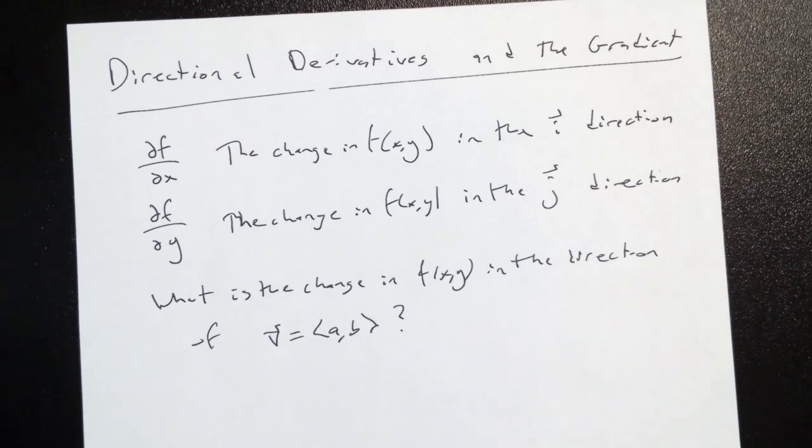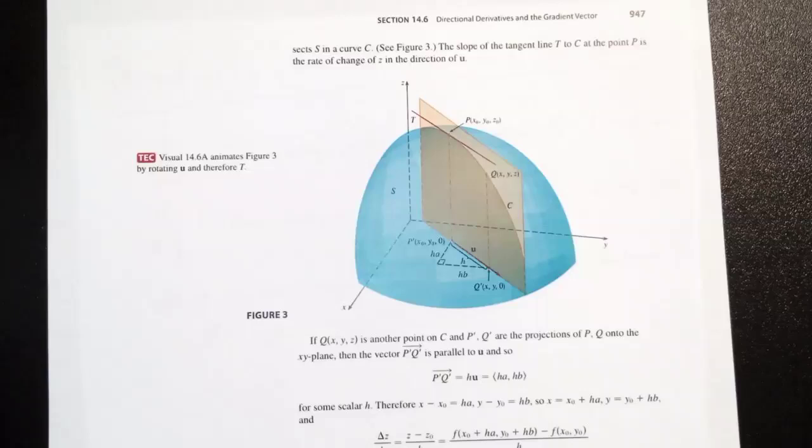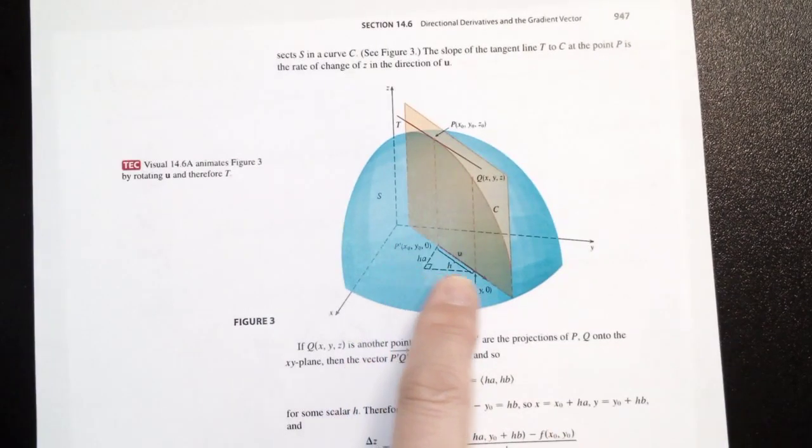I'm gonna go that way. Well, I can think of that as a combination of going forward and left, right? Correct? Well, wait a minute, page 947, figure 3. I can think of this direction, the direction v, (a, b), as going some bit forward in x and some bit in y, and then linear approximation, combining those two changes.